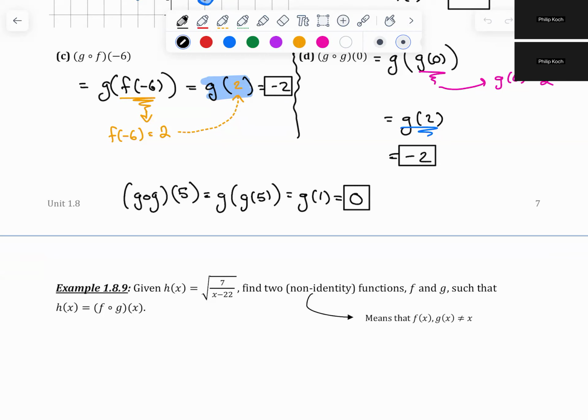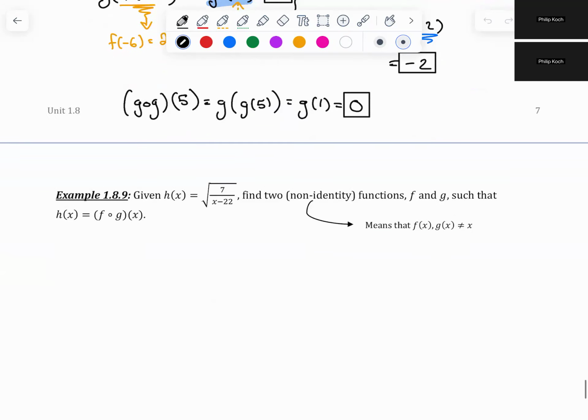So what they mean by non-identity is non-x functions. Because if you use x, then everything is very, very quick. Because if you just use x, then you can make the original function the other part, and it becomes immediate. So we're trying to find two things that work. There's a reason why I've called them the inside and outside functions.